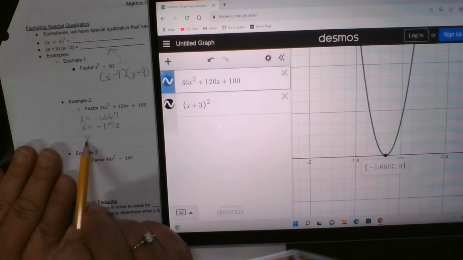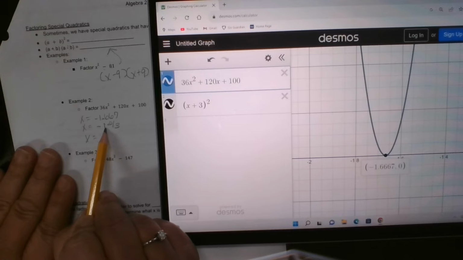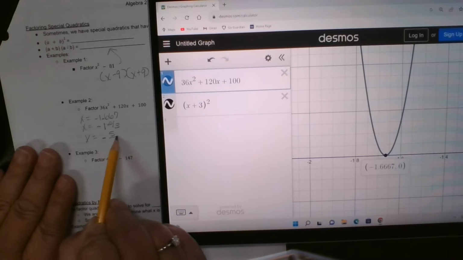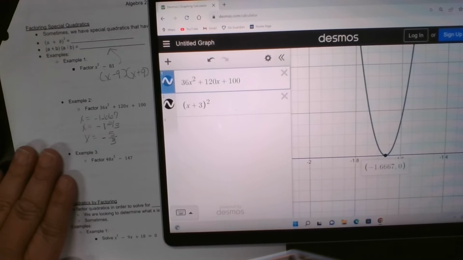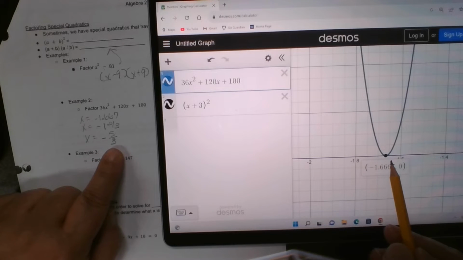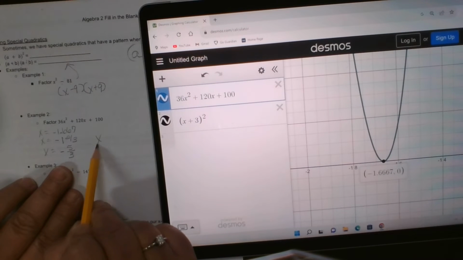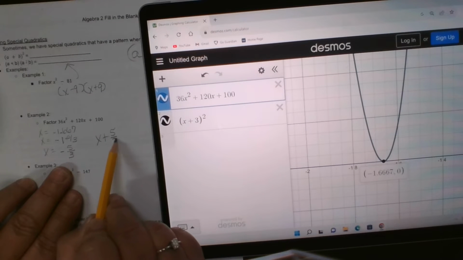Convert that to a true fraction. X is a negative, 3 times 1 plus 2 is 5 over 3, 5/3. So that's this location. When I move that over, it's going to become positive, and I wind up with x plus 5/3.